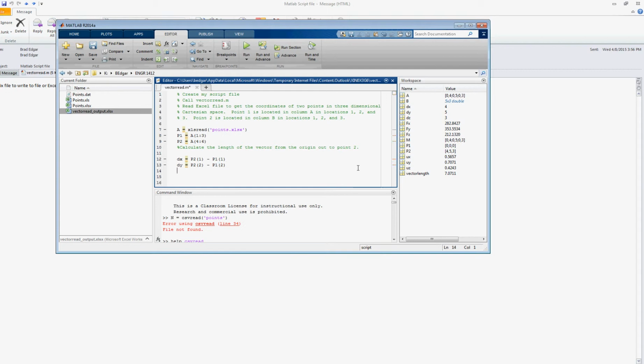And then dz will likewise be point 2 entry 3 minus point 1 entry 3.